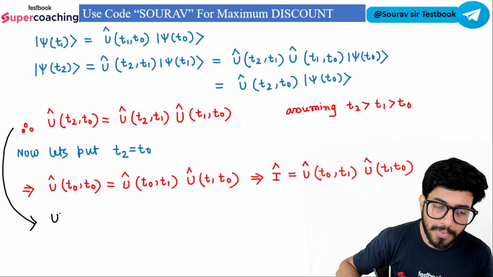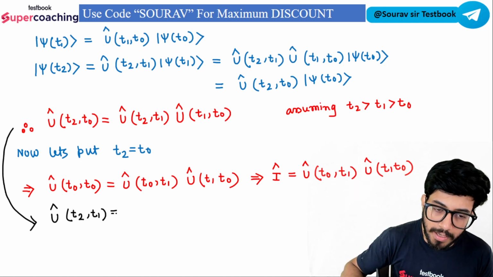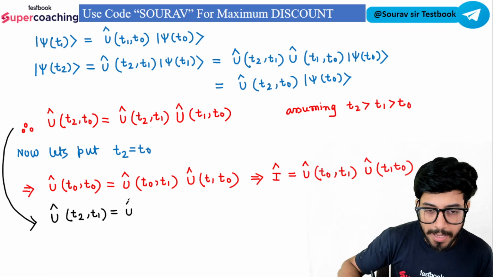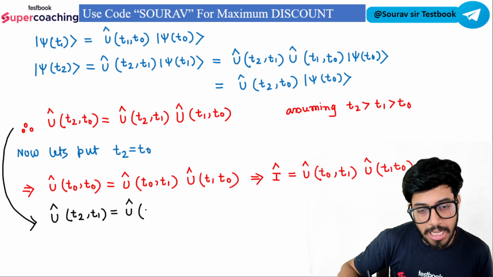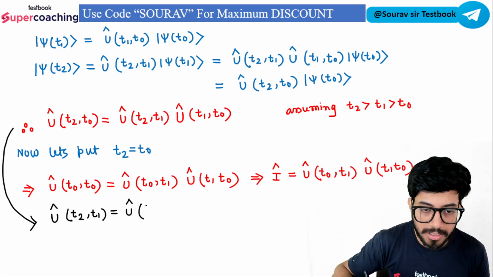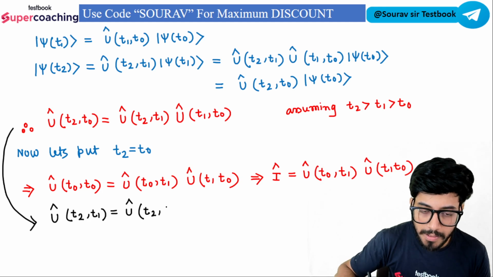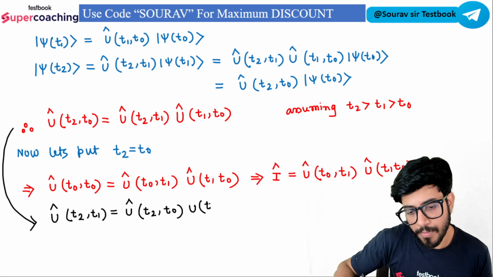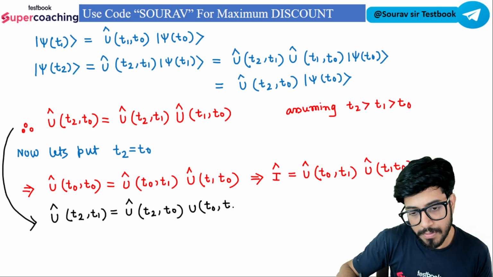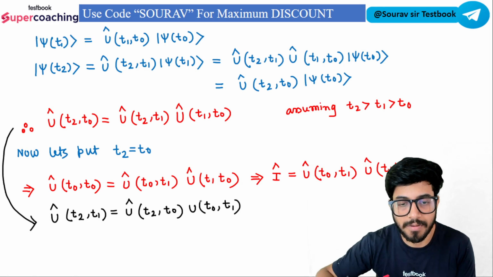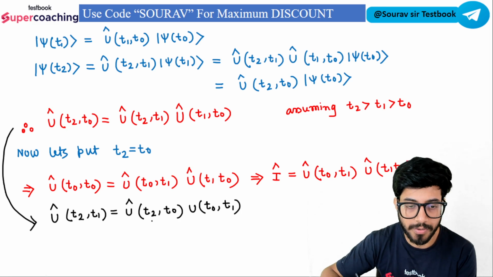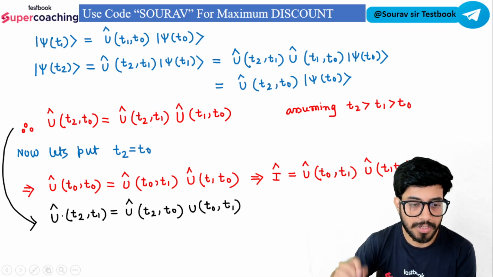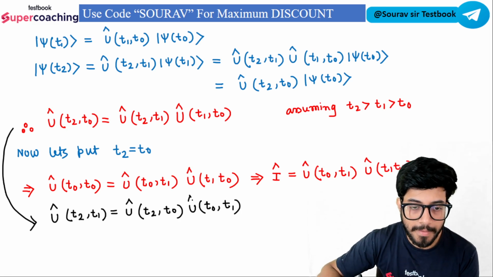Say u cap of T2, T1. Can I just write it down as u cap of T2, T0, then I'm doing T0 to T1. Can I write it like this? From T1 I have got to T0, from T0 I got to T2, that means from T2 I have got to T1. I've done this thing.